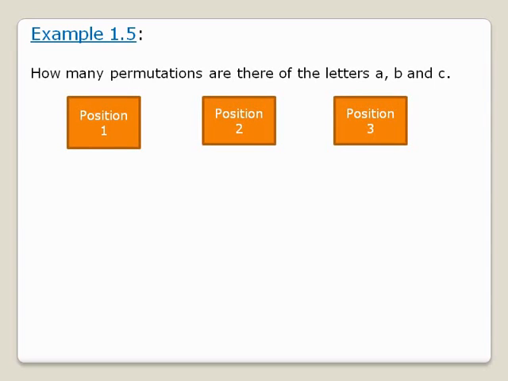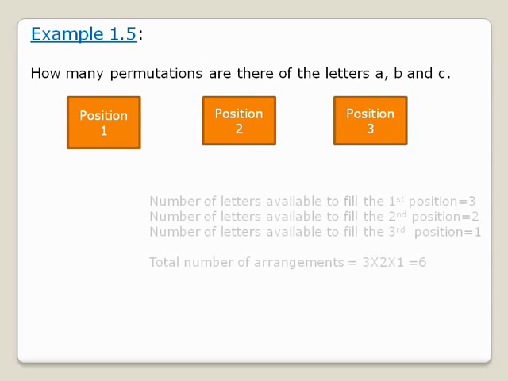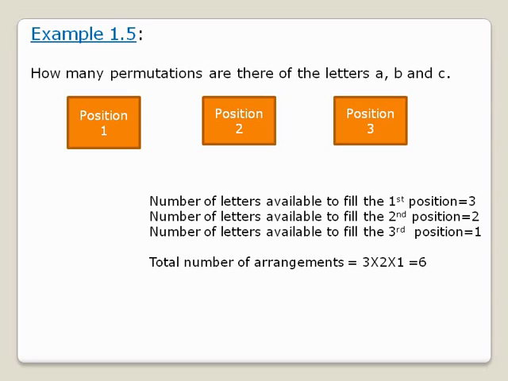Since there are 3 letters, let's consider them as the first position, the second position, and the third position. Since we have 3 letters, the number of letters available to fill the first position is 3. Since we already selected 1 letter, now there are only 2 letters remaining to fill the second position.